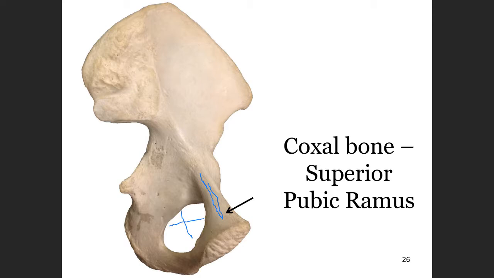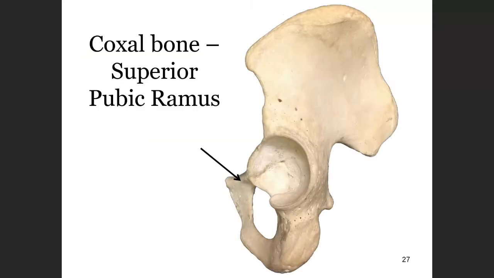So this extension of bone here is the superior pubic ramus. You'll find that above or on top of the obturator foramen there. It's tough to see, again, and it has to do with the angle, but it's just that area of the bone right there. That's the superior pubic ramus.